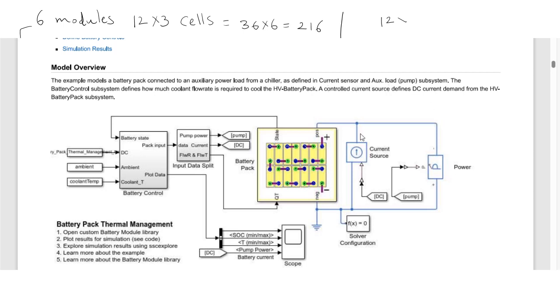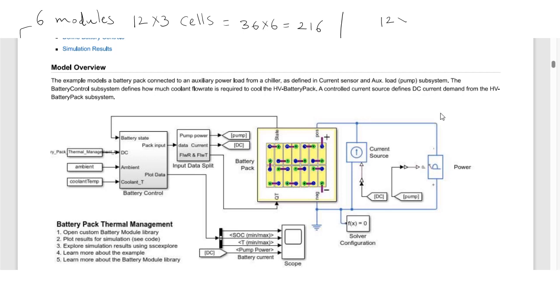So all together this load we are considering as a current sensor and auxiliary load. It's nothing but a pump. So this is the battery control subsystem. It defines how much coolant flow rate is required to cool the HV battery pack.